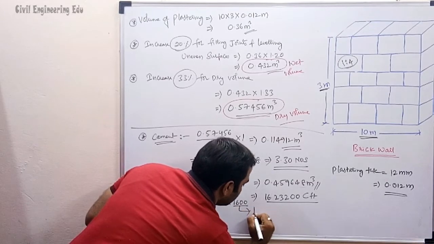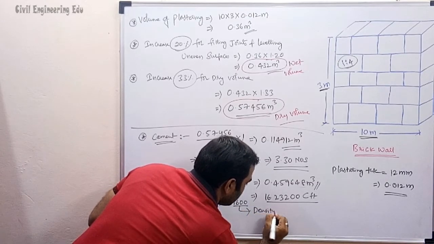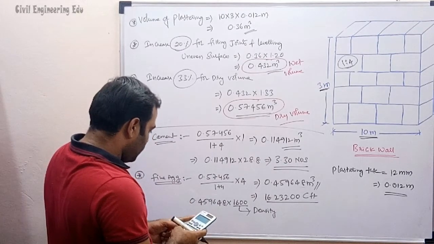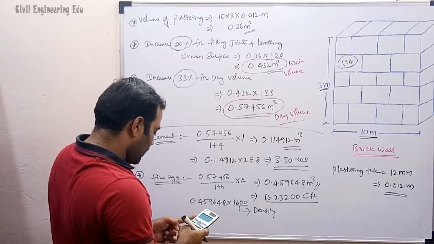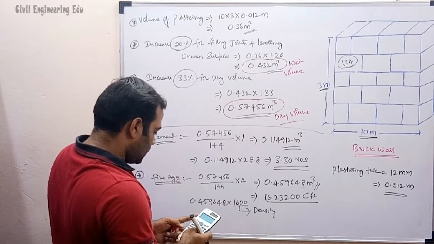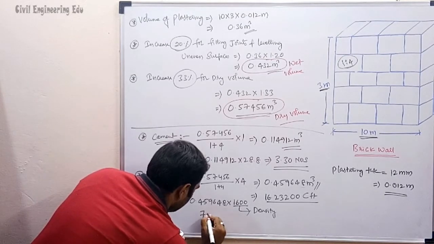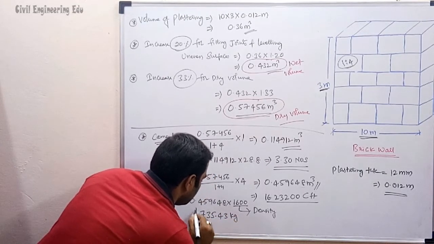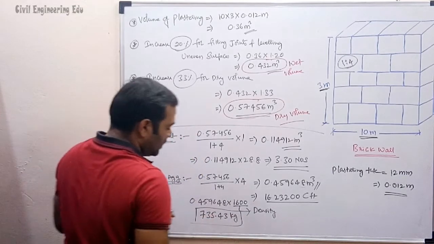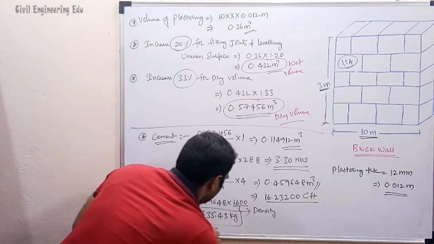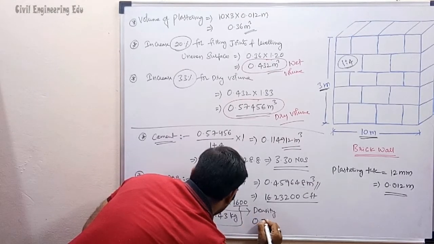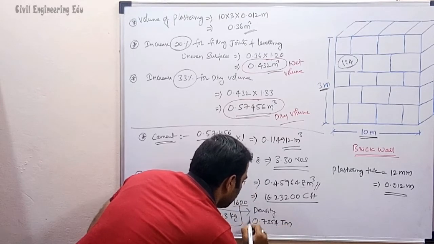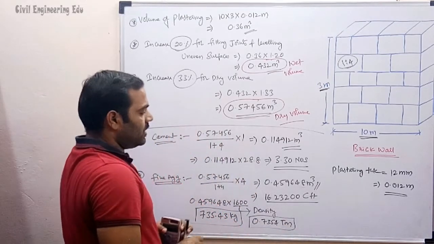This is the density of fine sand. So I am getting 735.43 kg. This is my solution in kg. To convert this into tons, it is simple: 0.7354 ton. This is the solution in tons.